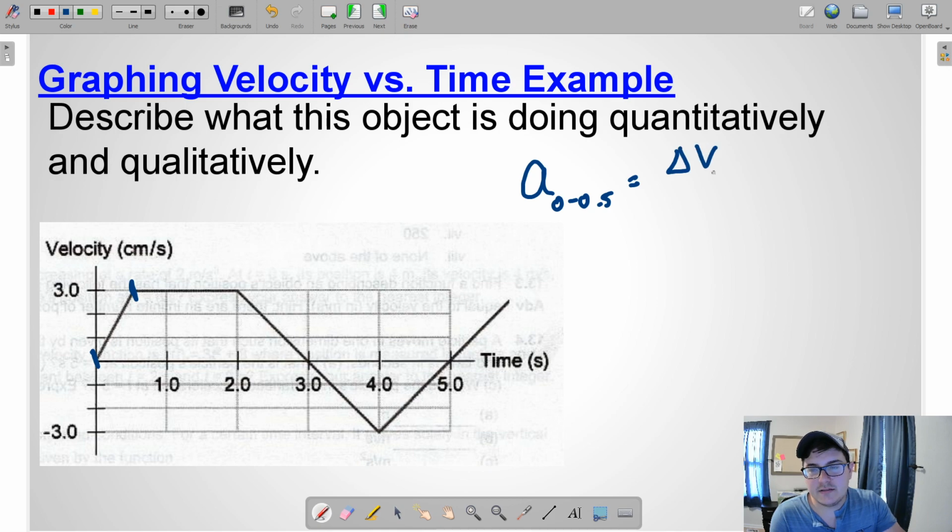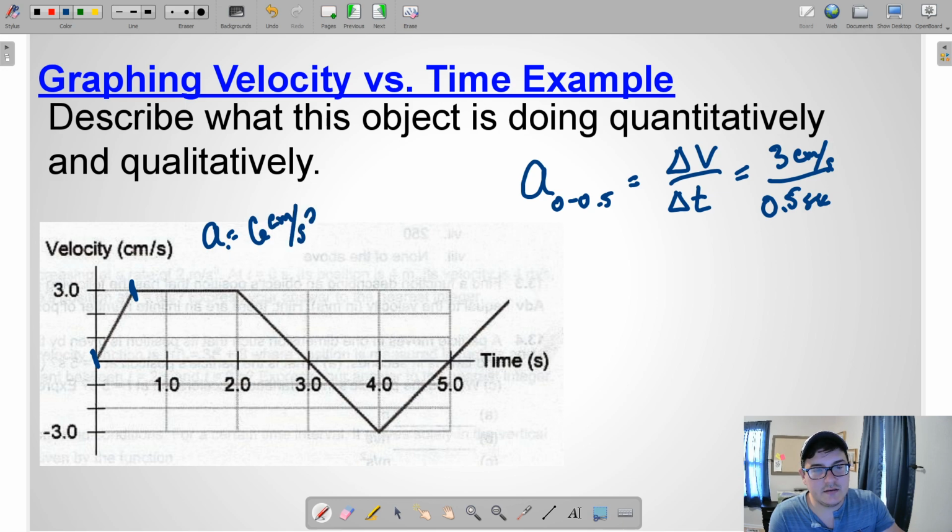My change in velocity was 3 centimeters per second, and my change in time was 0.5 seconds. So I went up 3 over 0.5, so the acceleration for this first time interval is going to be 6 centimeters per second squared. Where did I get that centimeters from? Well, the graph is in centimeters right here.